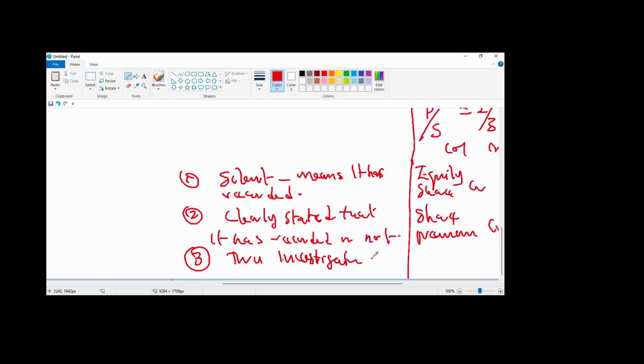Now that it has been recorded or it has not been recorded, what is my duty in exam? One, you must know all the accounting entries for each cost of investment, so that you can post. Two, you must be able to differentiate between recorded and not recorded, and what accounting entry to post when it is not recorded.